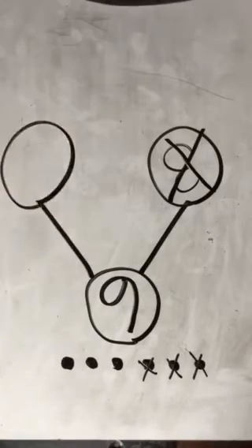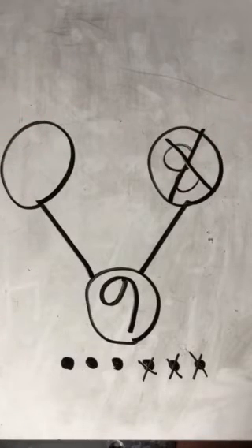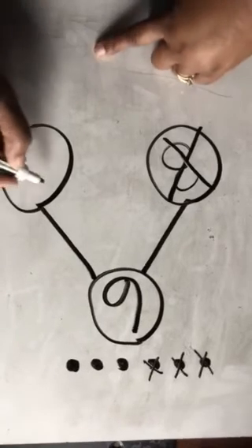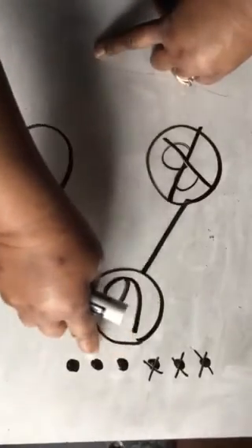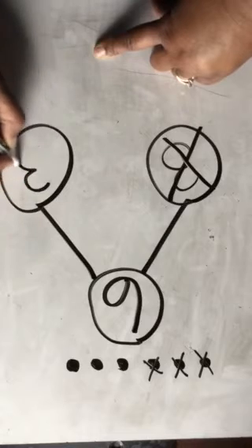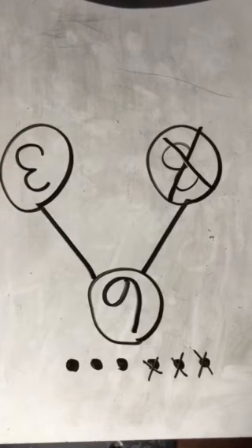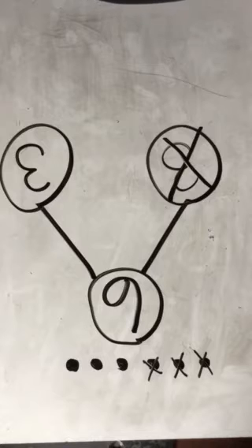How many are left over? How many dots did Miss T not cross out? How many dots are left? And so that would be 1, 2, 3. So I am going to write a 3 in that empty part. So scholars, this is what a subtraction number bond looks like.